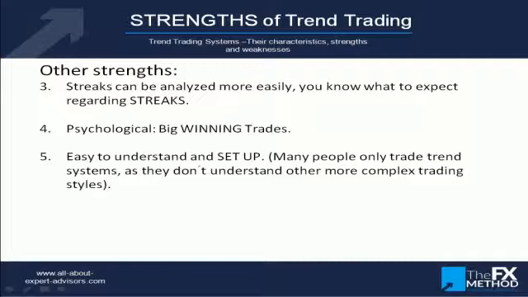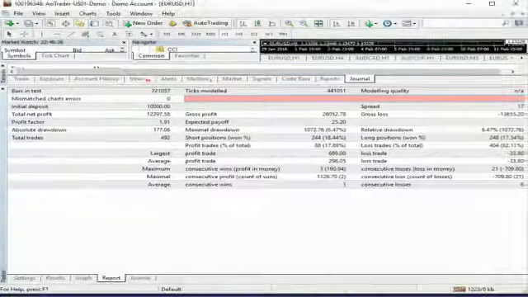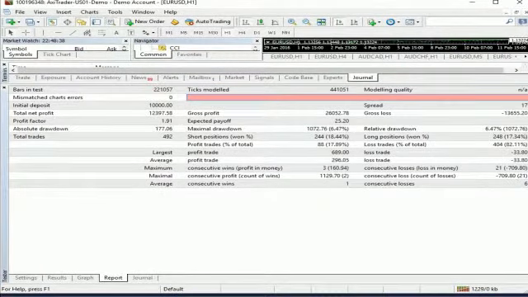Some feedback. Okay. So regarding trend systems, it's also very important that you analyze the streaks, the losing streaks. And they have very, very long losing streaks. That's bad actually. But the good thing is, look at that. This system had 21 losing trades in a row. Terrible, right?